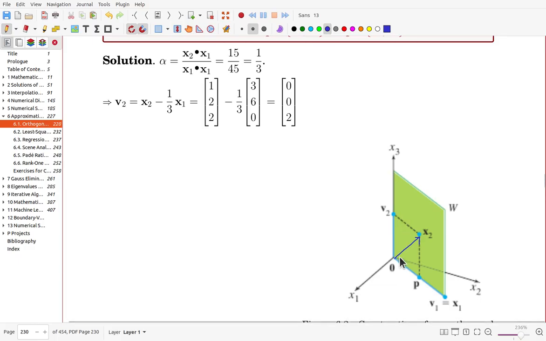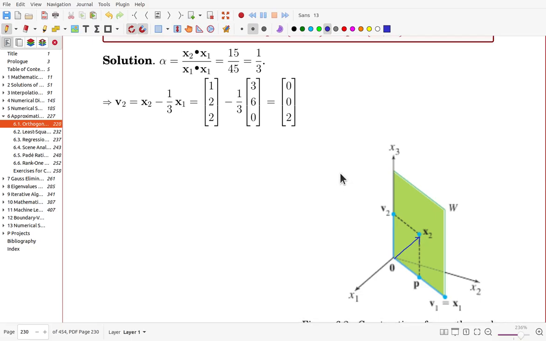So rather than x1 and x2, we take x1 renamed to be v1, and this orthogonal component, which is v2. So v1 and v2 become another basis, but now it is orthogonal. Okay, that's the idea of the Gram-Schmidt process.